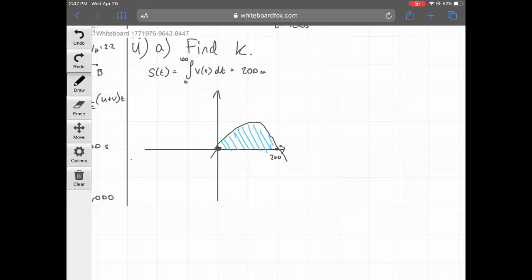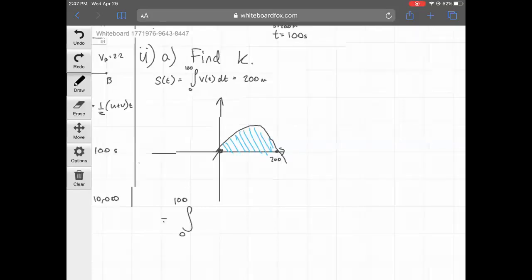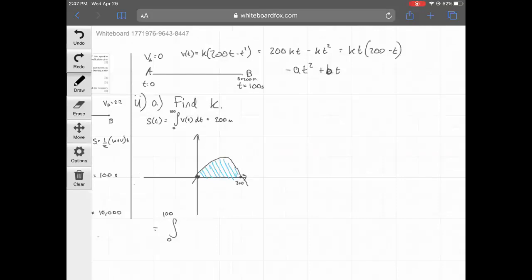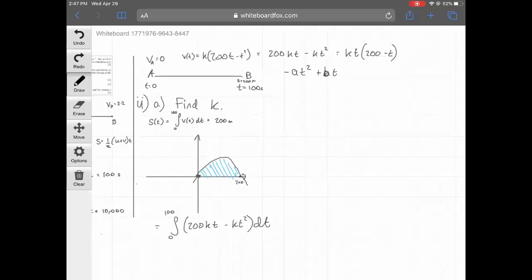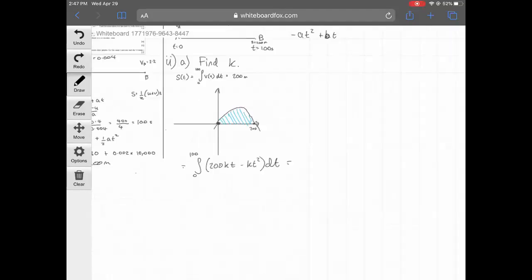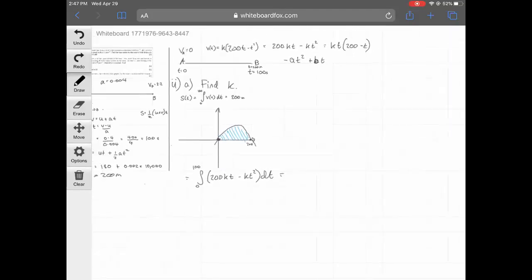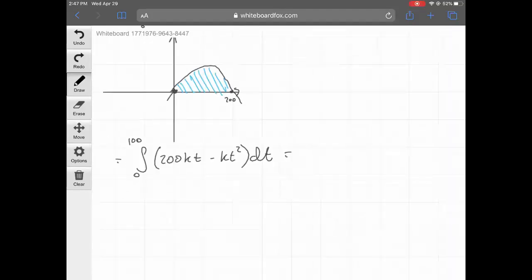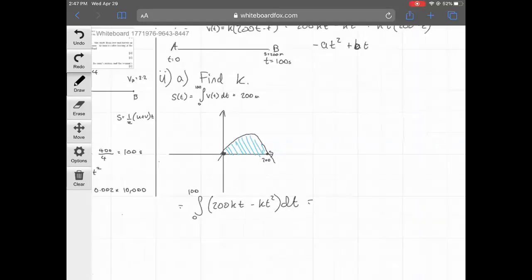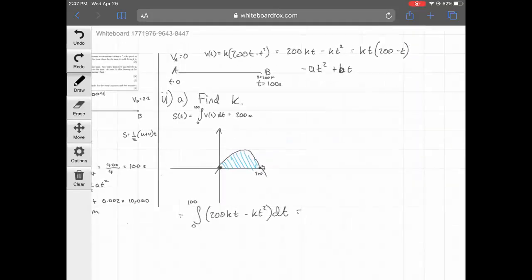Okay, so let's do it. We've got the integral from 0 to 100, and now I can plug in 200 kt minus kt squared dt, and this is equal to 200. Sorry, t is 200 is the solution.